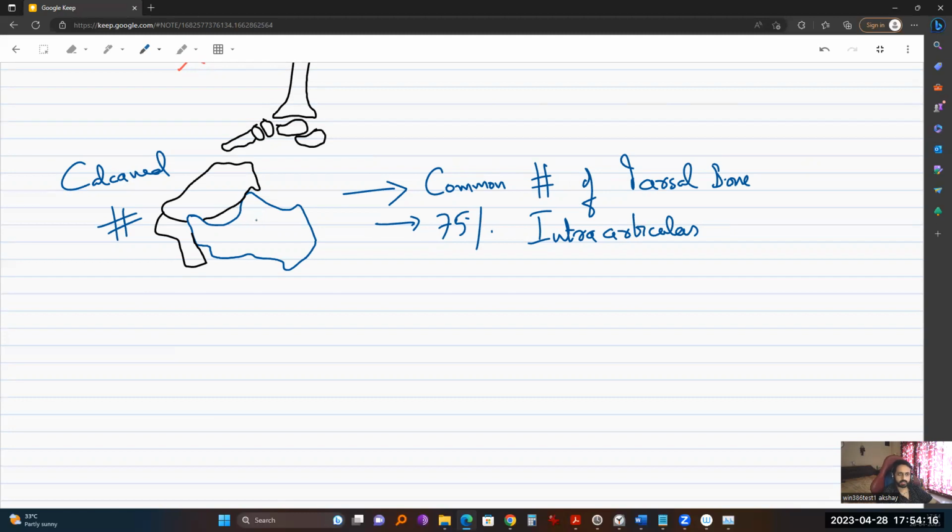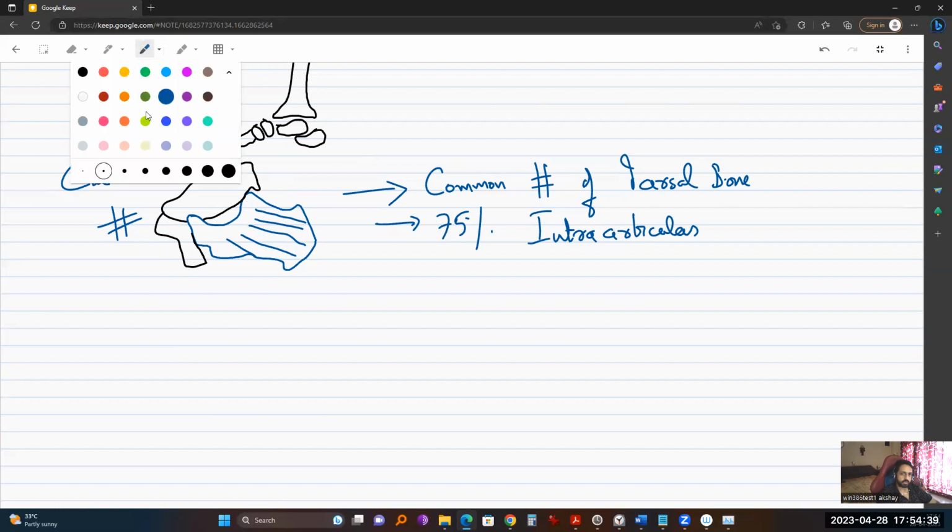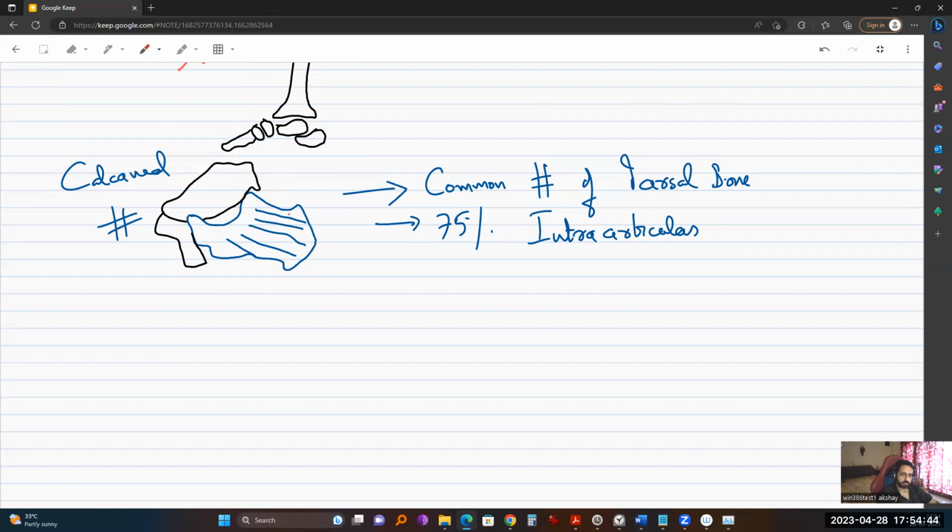How to identify these calcaneal fractures: the calcaneum will have trabecular lines in this orientation. If you check an X-ray image, you can very easily see some lines going in this orientation. These are the trabecular lines, and a calcaneal fracture will always be perpendicular to them.